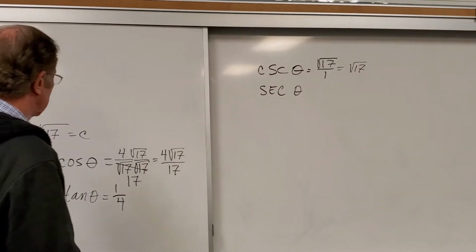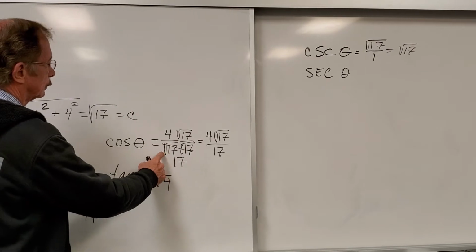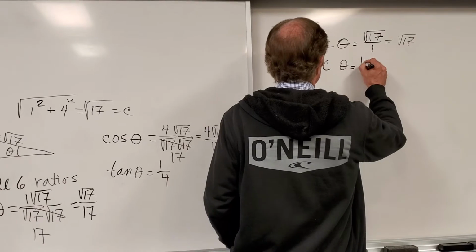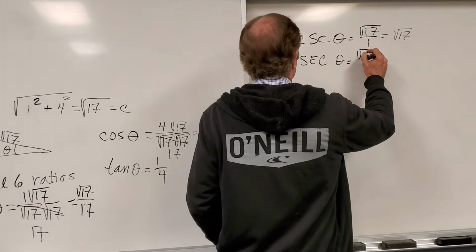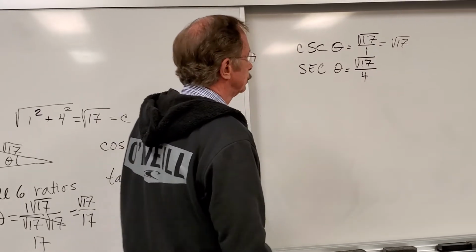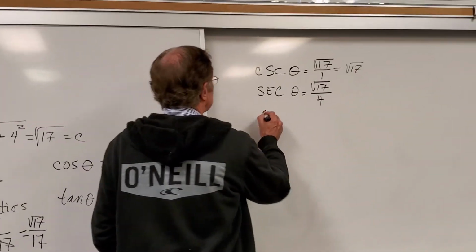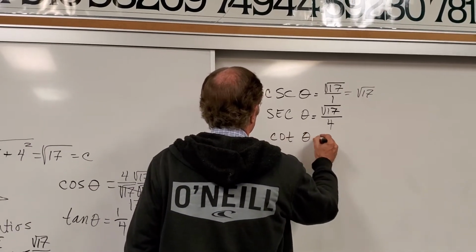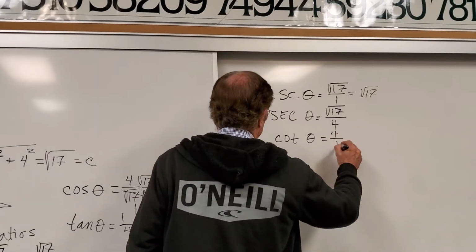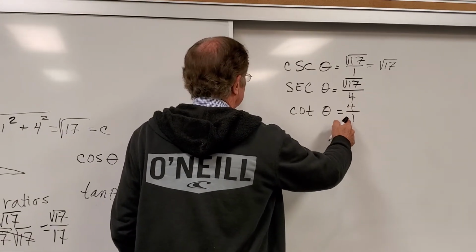Well, that's the reciprocal of our cosine, and that was 4 over square root of 17 before I rationalized it. So I'm going to do this, write the hypotenuse value on top over 4, and I'm done. Just leave it. And then cotangent, we'll write that one next. And I'm going to write 4 over 1 just for your sake, because that's the adjacent side over the opposite side.